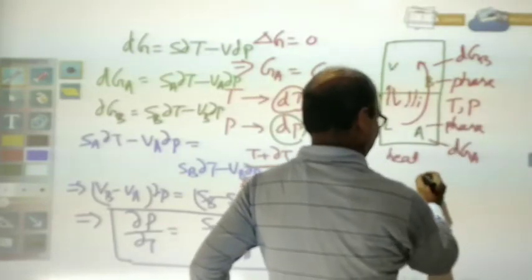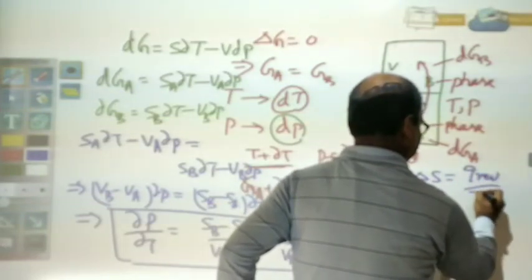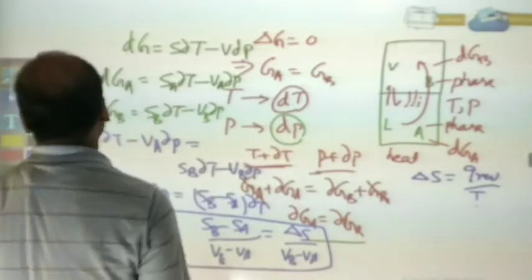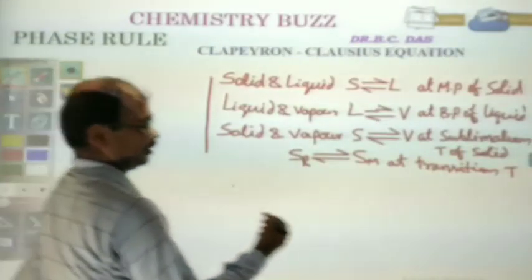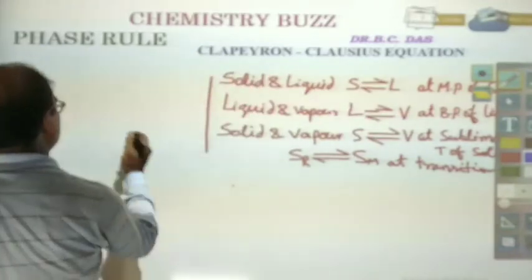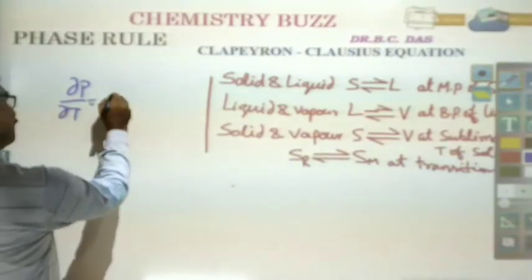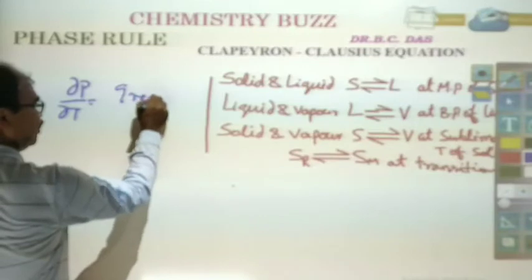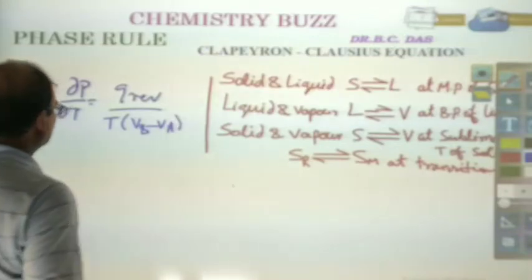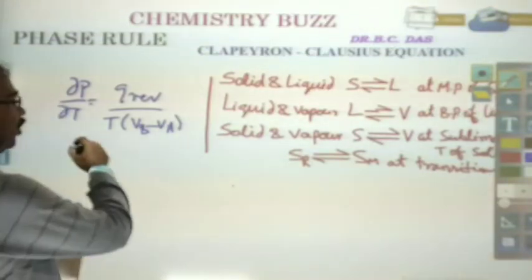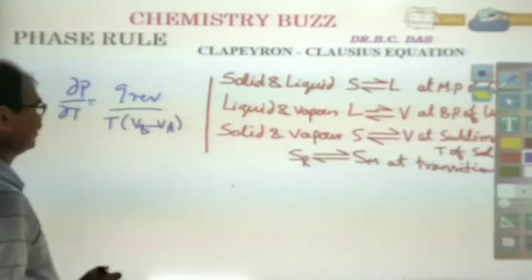So at boiling point, the delta S is equal to Q reversible by T. Okay, so we can rewrite the Clapeyron equation, that is dP by dT is equal to Q reversible by T (VB minus VA).